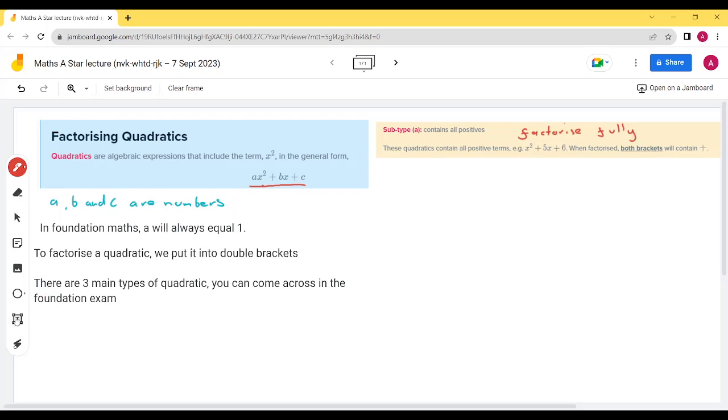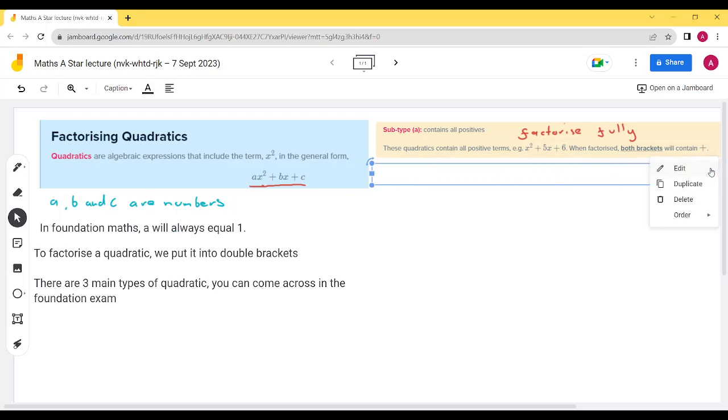So the first stage of factorizing a quadratic in the foundation exam is always the same.